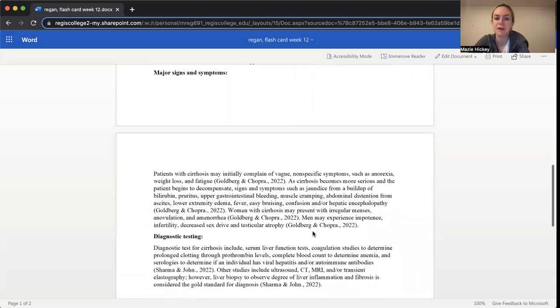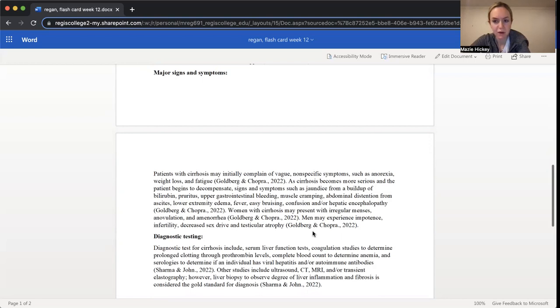Patients with cirrhosis may initially complain of vague, nonspecific symptoms such as anorexia, weight loss, and fatigue. However, as the cirrhosis becomes more serious, the patient begins to decompensate, and signs and symptoms start to include jaundice, which is a yellowing of the skin and is due to a buildup of bilirubin, pruritus, so itchiness, upper gastrointestinal bleeding, which might be associated with melena, and dark stools.